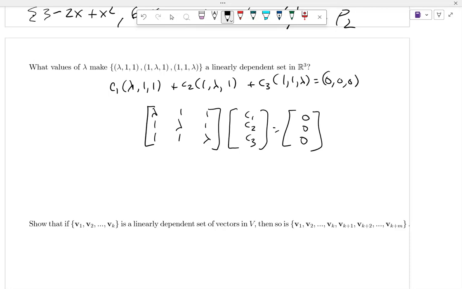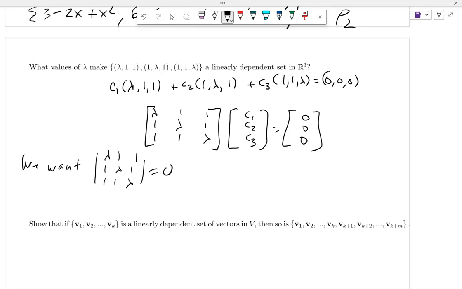It'd be invertible, right? Okay, so we want this matrix to be not invertible, right? What's a numeric check for testing whether or not something is invertible? Determinant, right? So we want our determinant to be 0. We've done this a few times, haven't we?